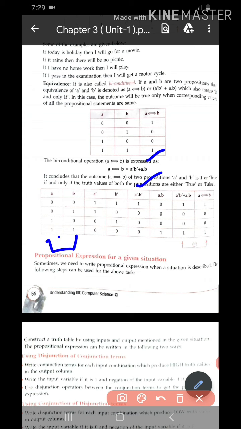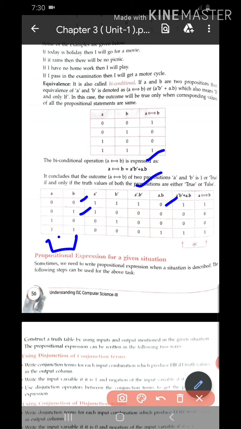Again, see, we have to find both true conditions should be there in either of the columns. We have to see true, but we want true in both the columns together, then the answer is true. See, in the first row, both contain 0, means the answer is 0.